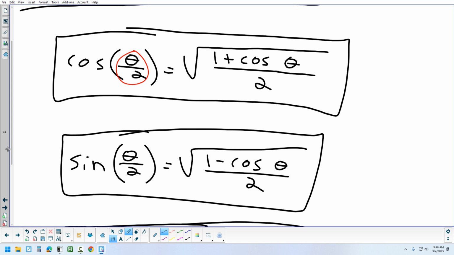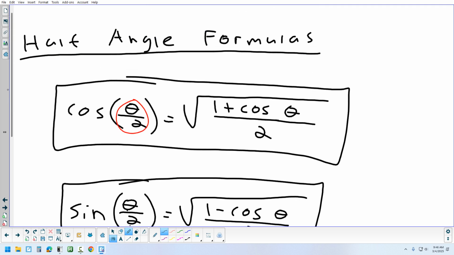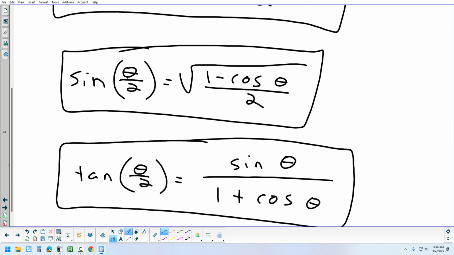I think cosine of 15 was root 6 plus root 2 over 4. You could get that same answer using these half angle formulas. Just write 15 as 30 divided by 2, and 30 you know how to work with from the unit circle. Okay, so that's a half angle formula for cosine, sine, and there's also one for tangent.